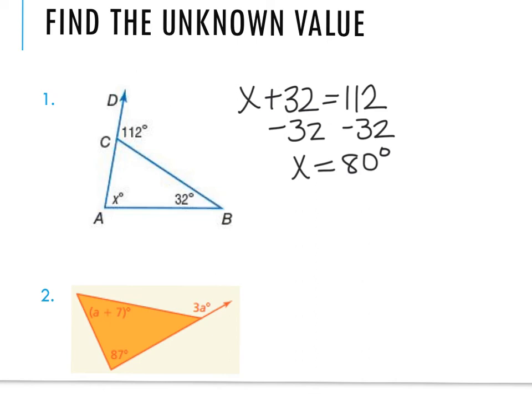So our exterior angle on this one is 3A. Our non-adjacent interior angles are A plus 7 and 87. So we have A plus 7, again just ignore those parentheses, plus the other interior angle of 87, and it equals 3A, our exterior angle.